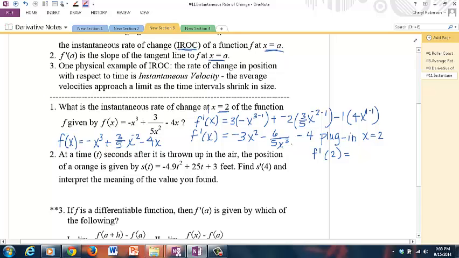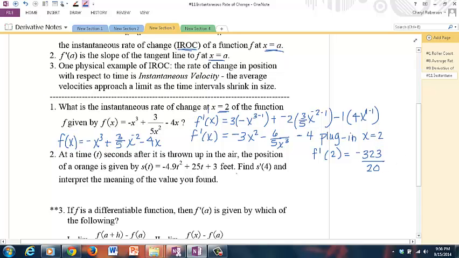And when I plug in and work all of that out, you should have gotten negative 323 all over 20. And again, we're replacing all of these x values with a 2, and then that's going to give us this value. Now what we've found is the slope of my tangent line at x equals 2 is a negative 323 over 20.